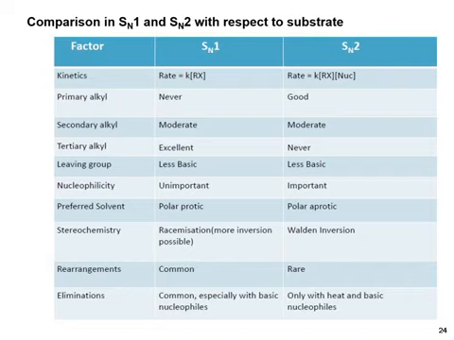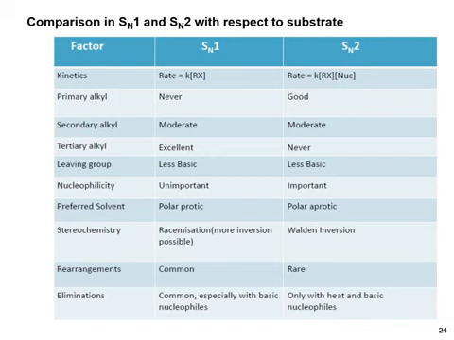SN1 always prefers polar protic solvents, but the SN2 reaction prefers aprotic. The stereochemistry is racemization, meaning it gives a racemic mixture of two enantiomers. But in SN2, mostly inversion of configuration takes place, which is called Walden inversion.